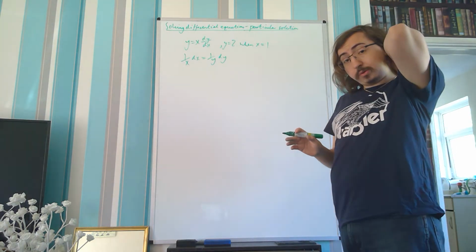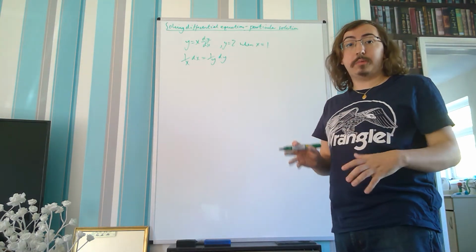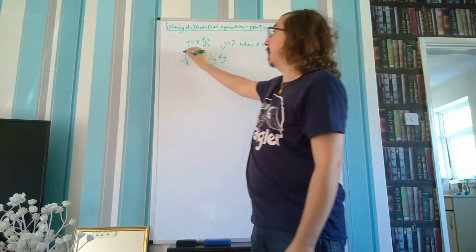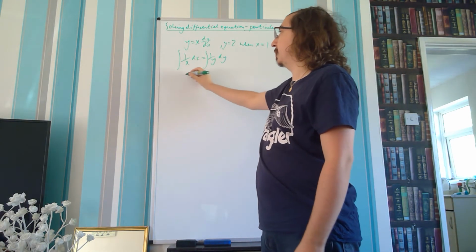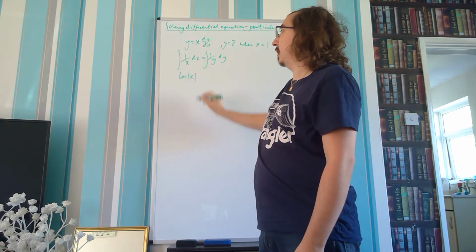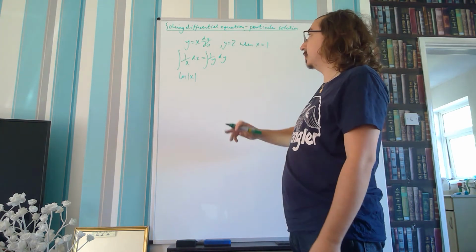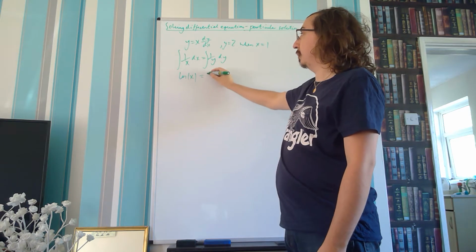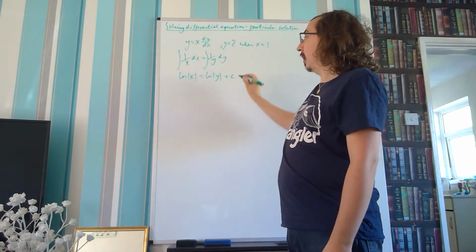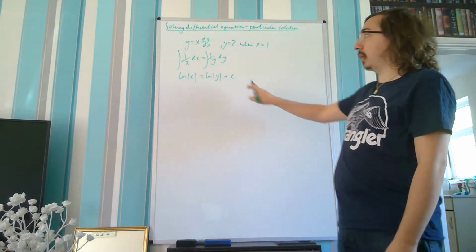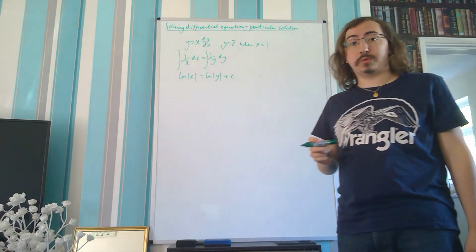As with all differential equations, after you've separated the variables, we then need to integrate both sides. So the integral of 1 over x with respect to x is ln x, and the integral of 1 over y with respect to y is ln y, and we need our constant of integration, which takes account of both constants.